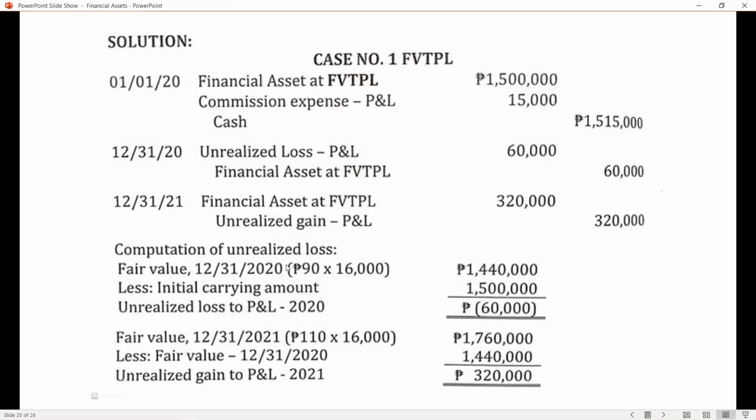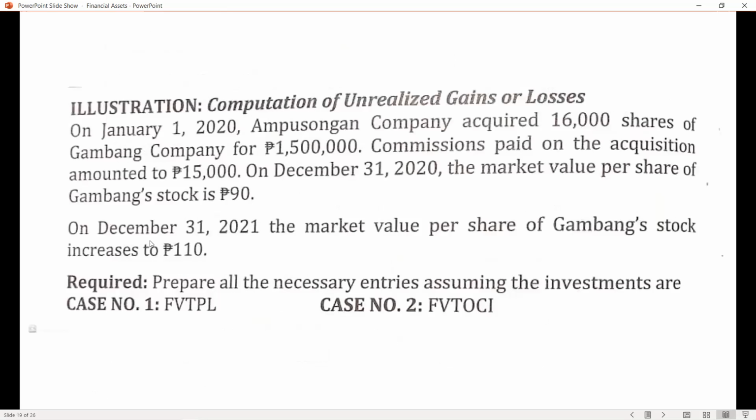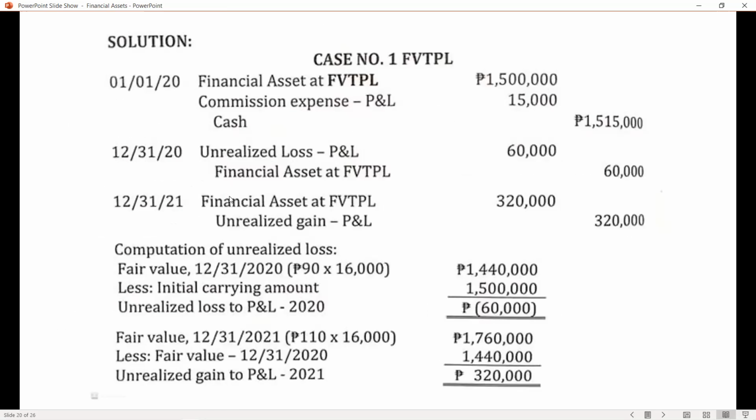So, unrealized loss, fair value natin siya ngayon. Ano yung fair value? Noong January 1, 2020, sabi niya, noong December 31, 2020, naging 90 pesos. Kasi binili mo siya noong January, pagdating nung December, naging 90 per share. So, kailangan natin siyang i-measure. Paano ba? 90 times 16,000 shares, which is 1,440,000.